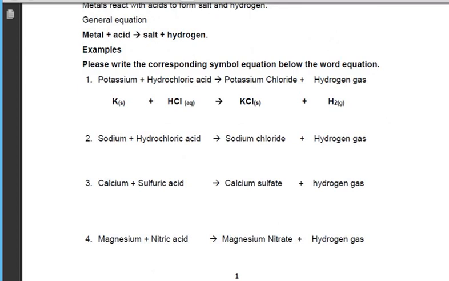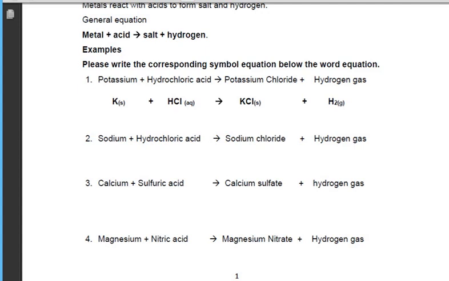You will see the first one reads: potassium plus hydrochloric acid produces the metal salt, potassium chloride, plus hydrogen gas.